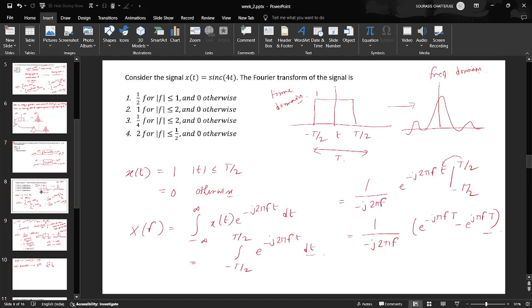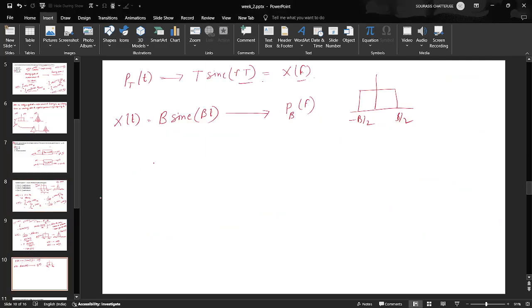So if we compare with the expression here, that is sinc 4t, that says my bandwidth is going to be minus 4 by 2 to 4 by 2, that is minus 2 to 2.